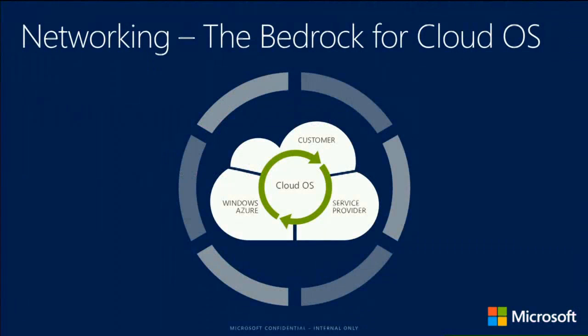So the clouds could be the customer cloud, it could be a service provider cloud, or it could be an Azure cloud. And the bedrock or the foundation in order to enable these workloads to be placed in any cloud based on customer demand is networking. And so networking was a big focus area in the Windows Server 2012 timeframe to enable the Cloud OS vision as we had laid it out.